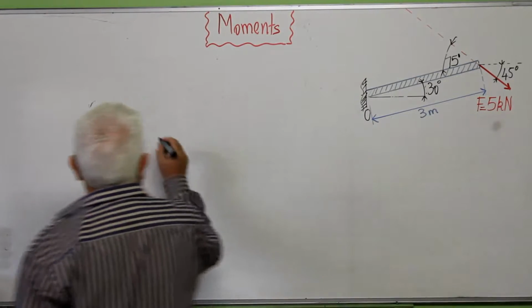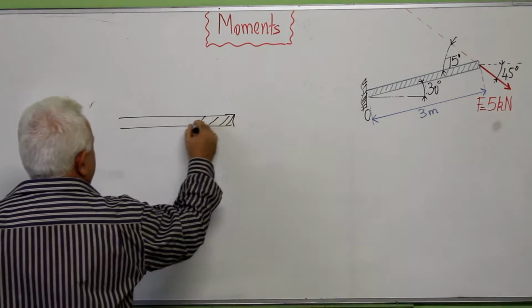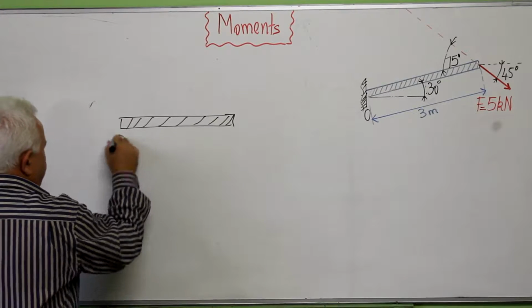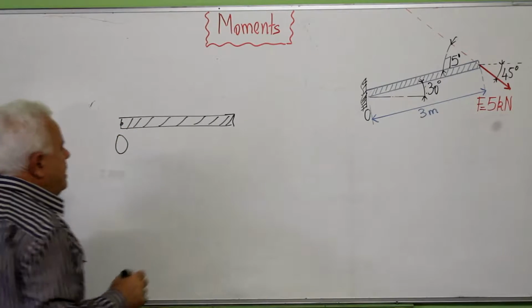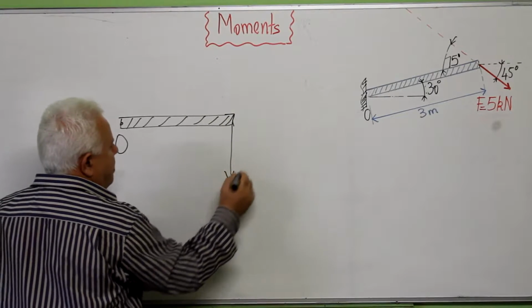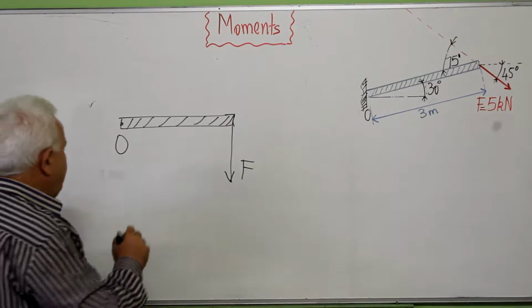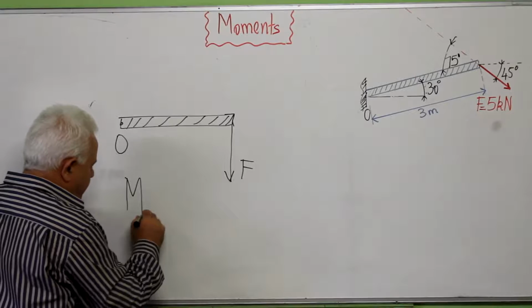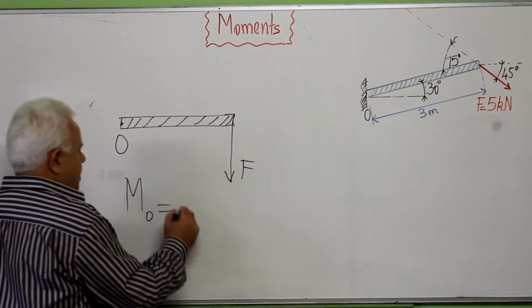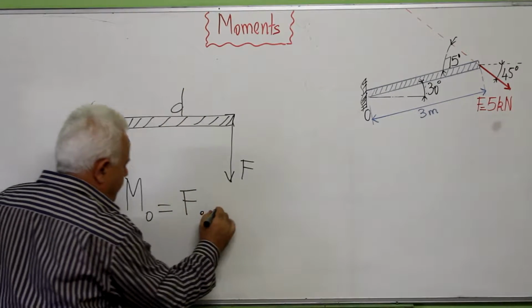Suppose we have a bar like this, and I've got a point O here, and on this bar we apply a force F. So in physics we define the moment about O, and we write it M subscript O, as F times D.